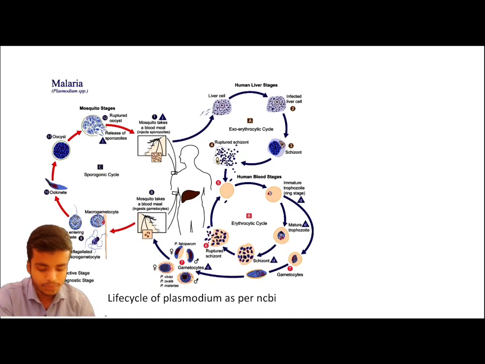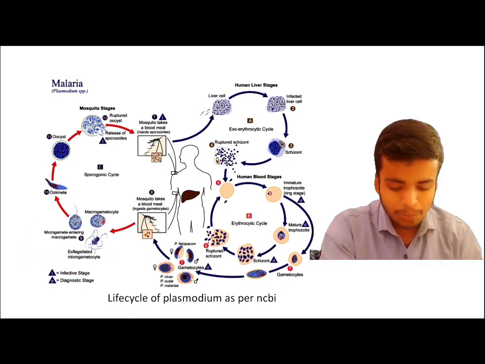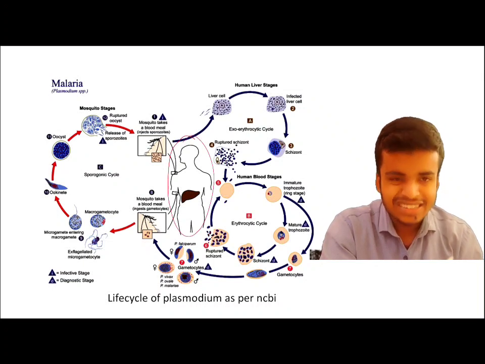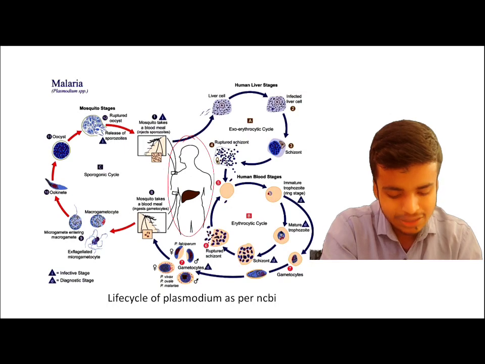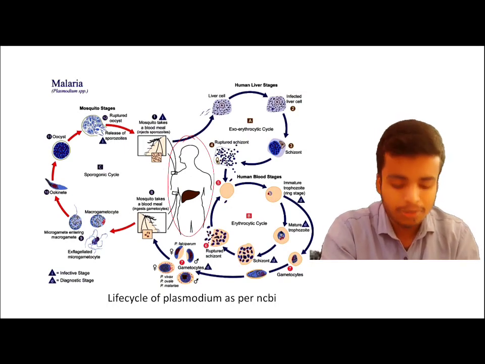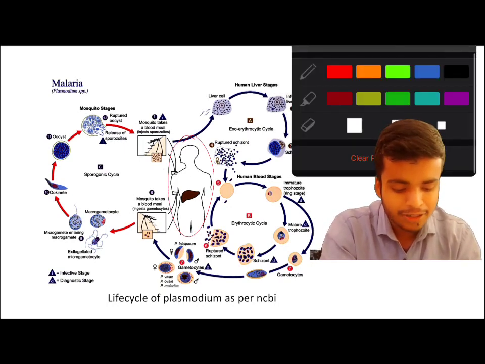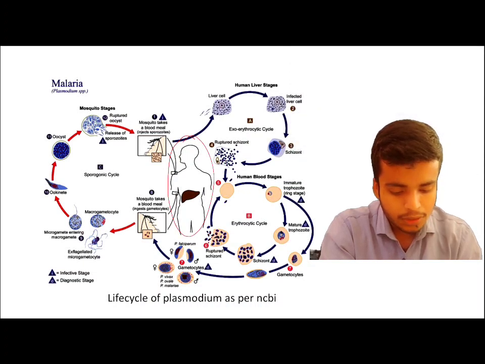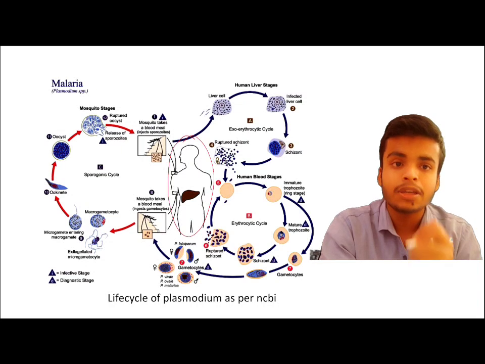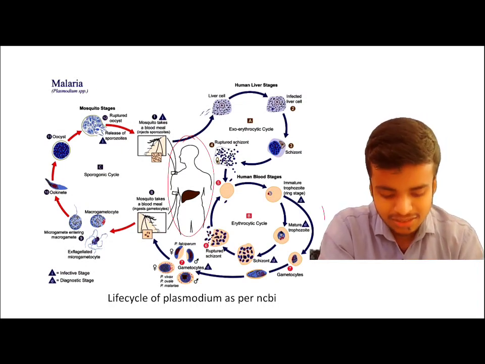So the life cycle of Plasmodium as per NCBI, we had discussed it in the previous lecture also. This is the human host. The human host has two cycles. In the liver, we have the pre-erythrocytic and exoerythrocytic cycles.